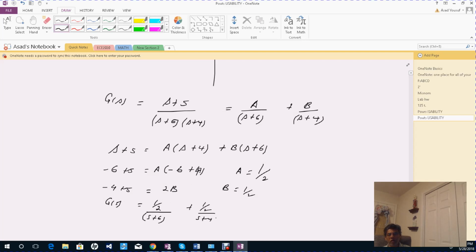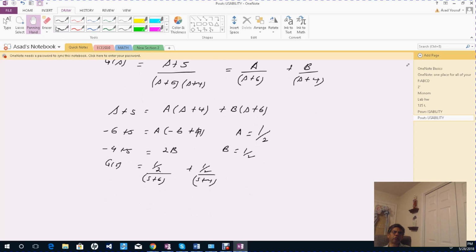Now we can take the inverse Laplace transform so that we can get this in the time domain. We take the inverse Laplace transform of this term and of this term, and we get g(t) equal to (1/2)e^(-6t) plus (1/2)e^(-4t).